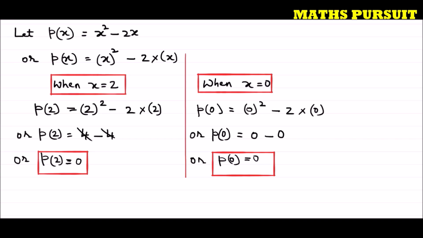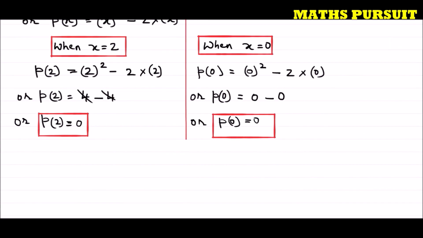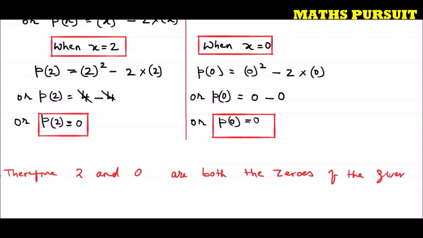So we can write here our concluding answer saying that therefore 2 and 0 are both zeros of the given polynomial x^2 minus 2x.